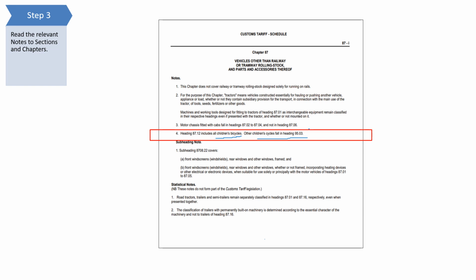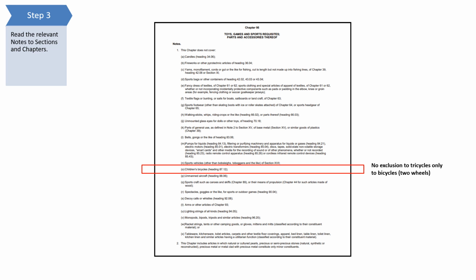What about chapter 95? What does it say? Well, it says that it does not cover any type of children's bicycles, and also it does not exclude tricycles.